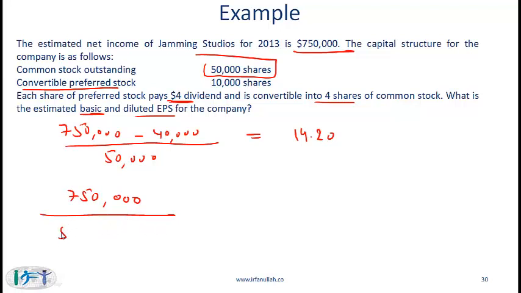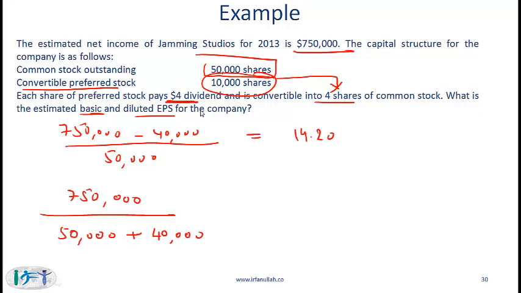The denominator is going to be 50,000, which is the original number of shares outstanding, plus the new number of common shares outstanding, which is going to be 10,000 multiplied by 4, because each preferred stock is convertible into 4 shares of common stock. So here we add 40,000.